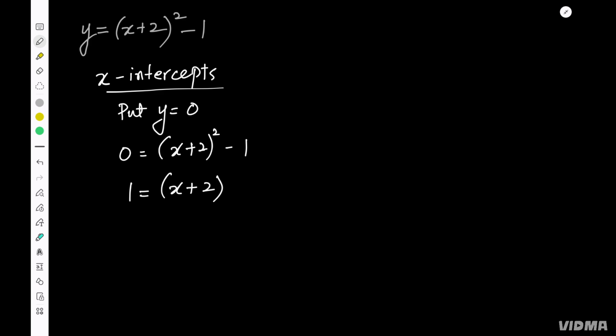So we are left with (x plus 2) square equals 1. I will take the square root on both sides now. So x plus 2 would be equal to plus minus 1.